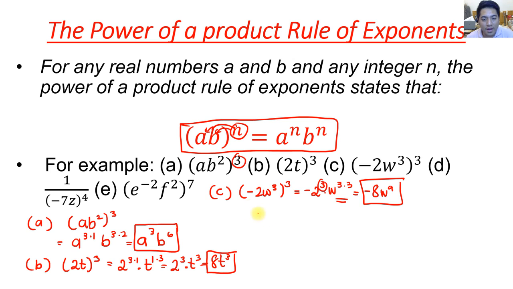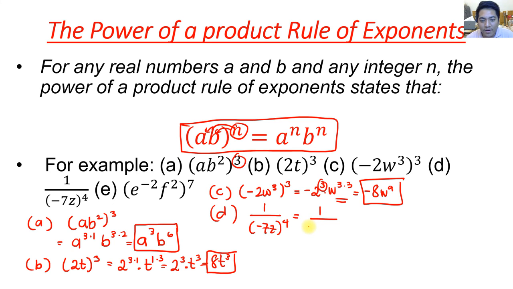Second to the last, for letter D, we have 1 all over (negative 7z) raised to 4. I think that's a typographical error, but of course we can still solve it.